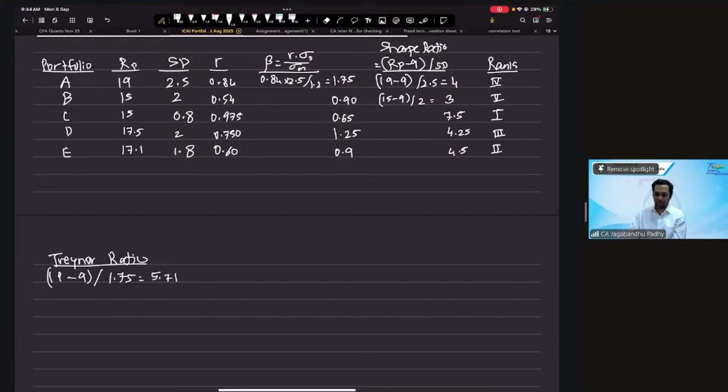Similarly, get the Treynor ratio for the other 4 portfolios. What's the second Treynor ratio? 6.67.